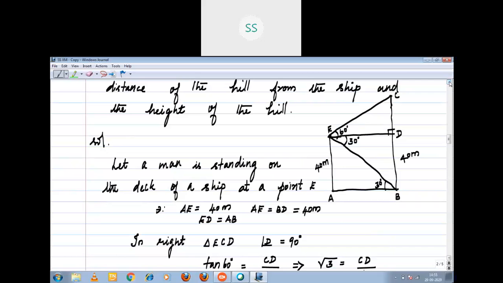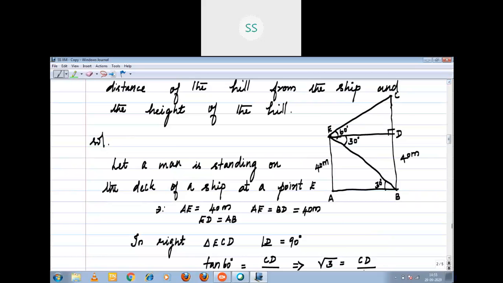From there, he is seeing the top of the hill as well as the bottom of the hill. It makes an angle 60 degree and 30 degree respectively. It is given to you. 40 meter height, right? A man is standing on the deck of a ship and the height is 40 meters. So, AE is 40. AE equal to BD. Opposite sides are equal. So, BD equal to 40.